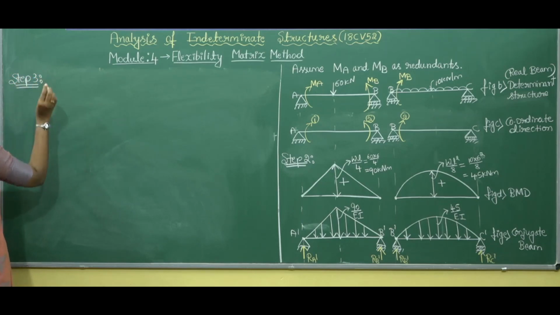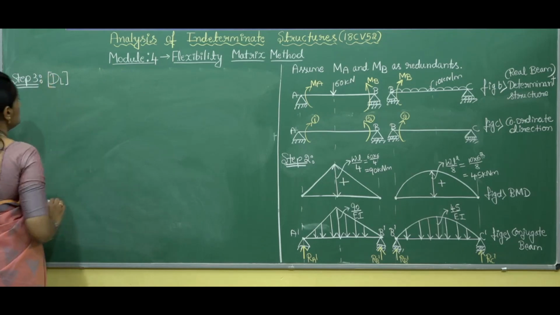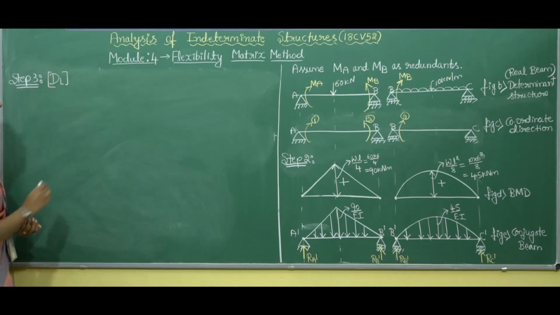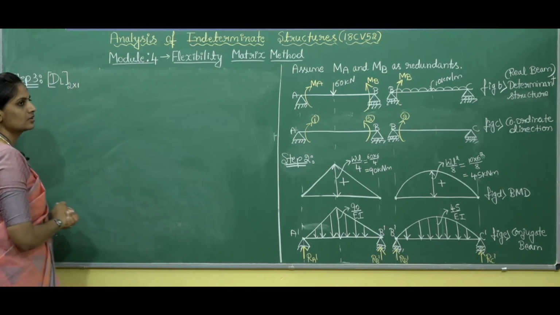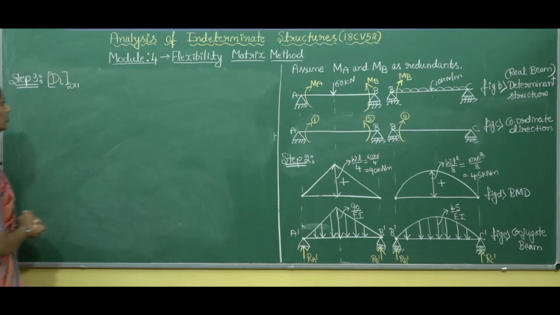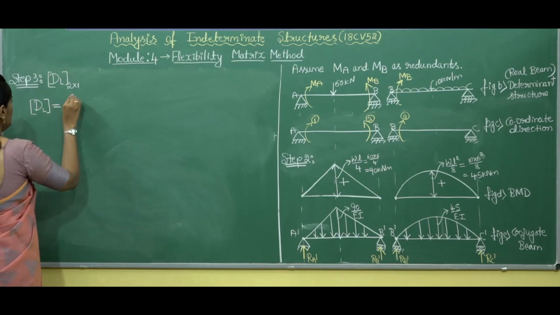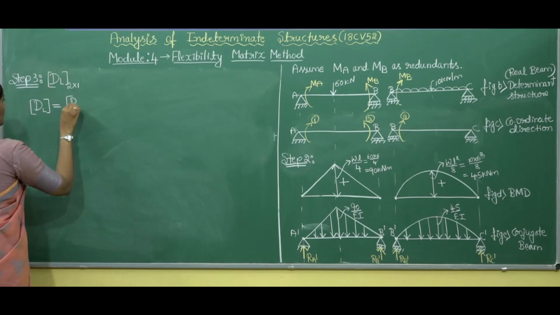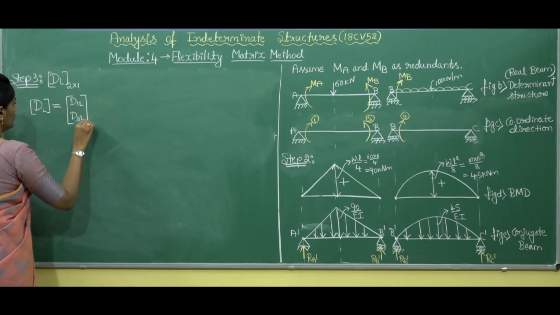In step number 3, we are going to find the displacement matrix called DL. We know the order of this displacement matrix is 2 cross 1. This will be a column matrix. This displacement matrix will be in the form D1L and D2L.